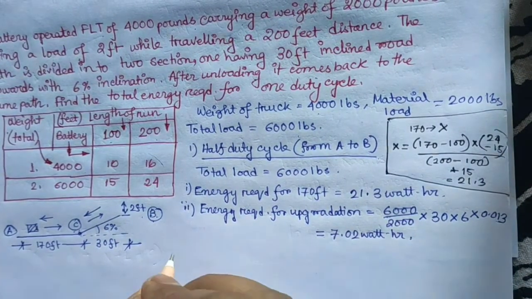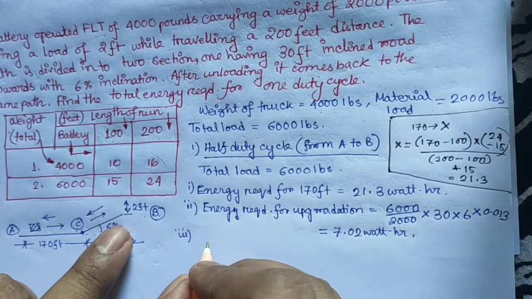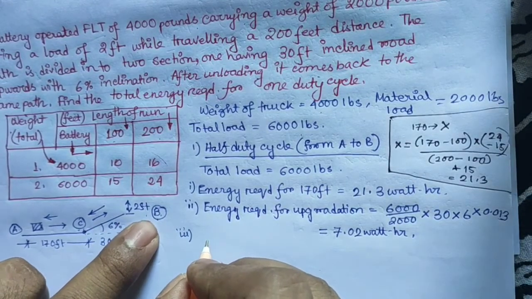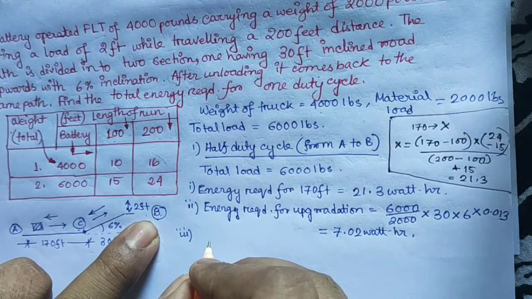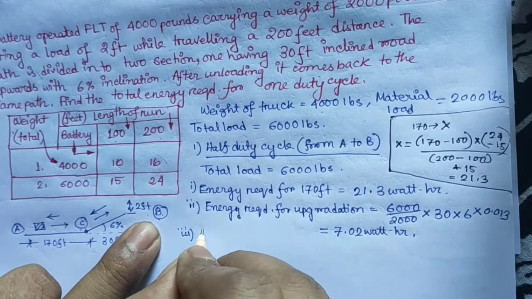The next thing, see, it has reached this point B. Now the next thing to be done is lifting the load and putting the load in the stack. So lifting energy is required.